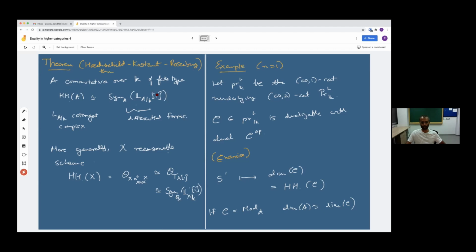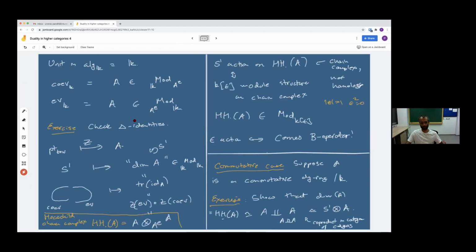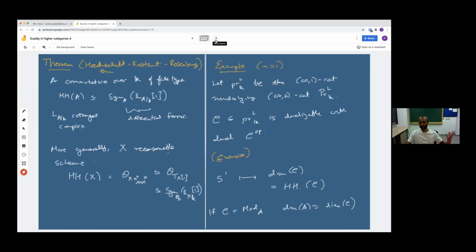So if you don't know what the cotangent complex is, you can just look at the special case where A is regular. If you have a smoothness hypothesis on A, then the cotangent complex is nothing but the Kähler differentials. So this is nothing but differential forms associated to A. So Hochschild homology, this dimension of A, this thing that we just got out for free from topological field theory, actually spits out differential forms.